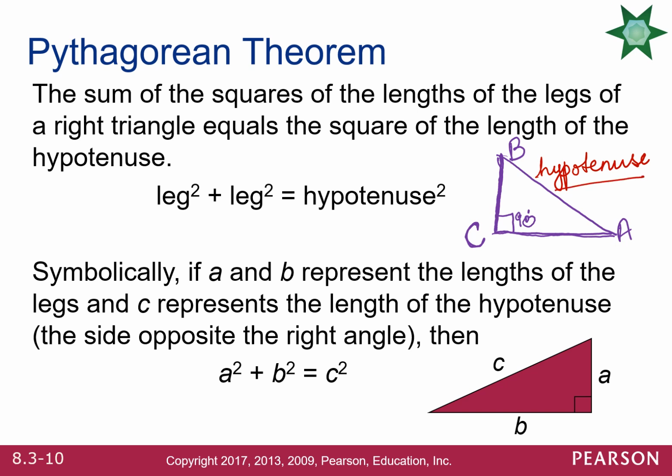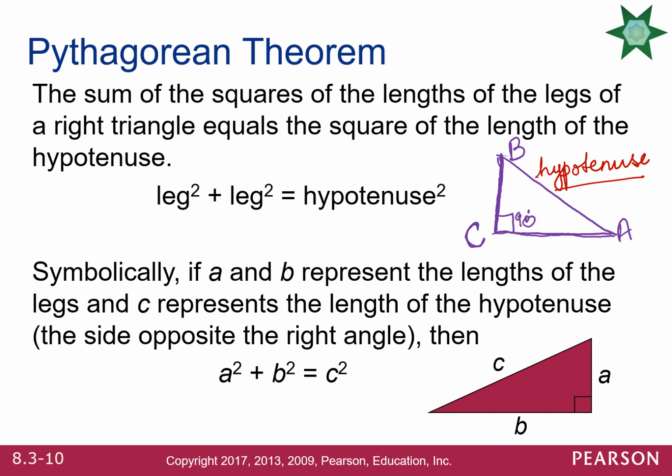That's a special term used to denote the side opposite the right angle. The word hypotenuse is applied only to right triangles. If somebody mentions hypotenuse, you immediately know that the person is referring to a right triangle, and it is the side opposite the 90-degree angle.